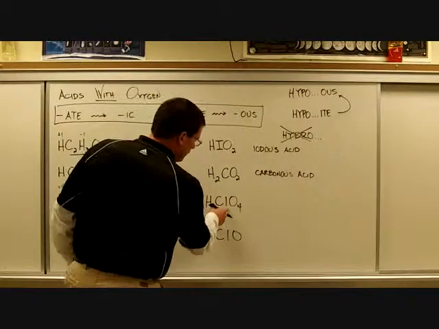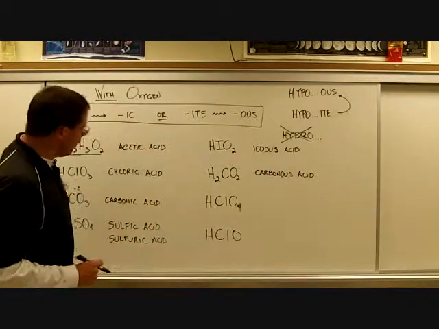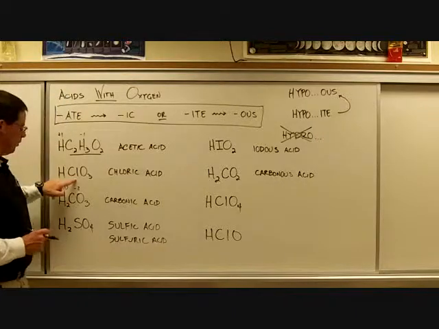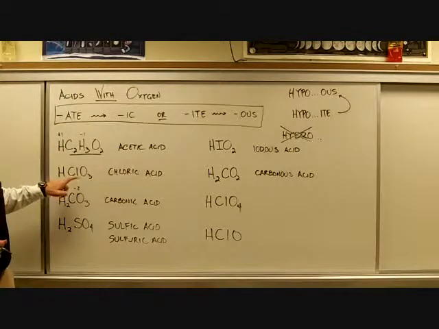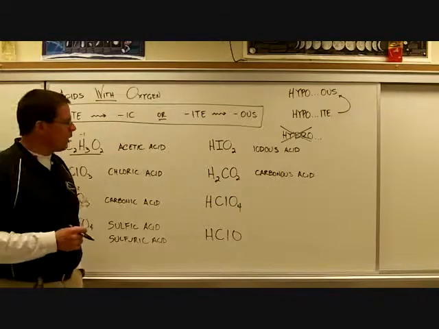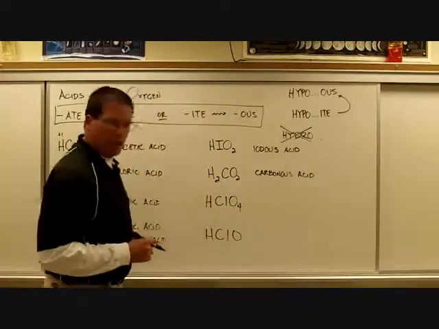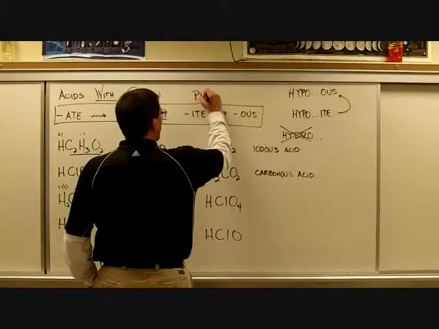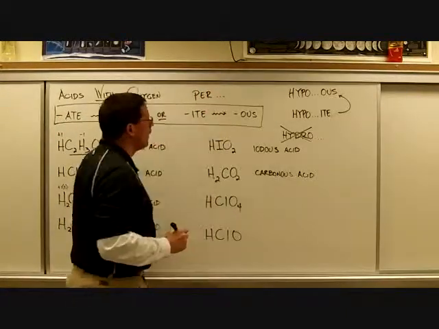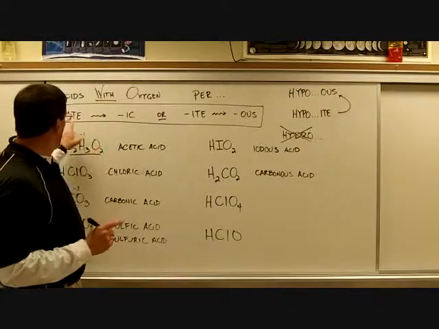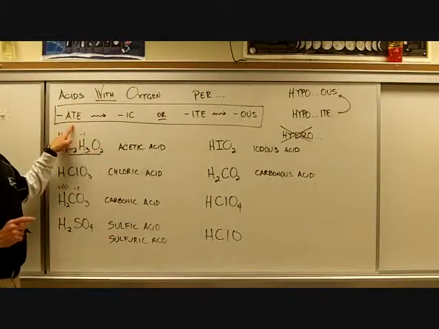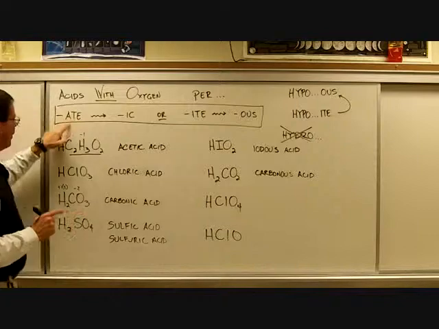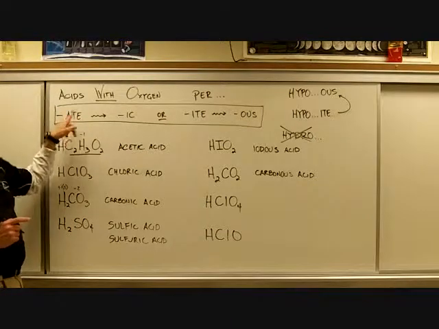All right, looking at ClO4. Well, ClO4 is similar to ClO3, except we have 1 more oxygen. How do you name a polyatomic that has an additional oxygen? Correct, you put per in front of it. Now, the neat thing is, it still ends in ATE. So we're going to have the per in there, and then we're going to change the AT ending to ic.